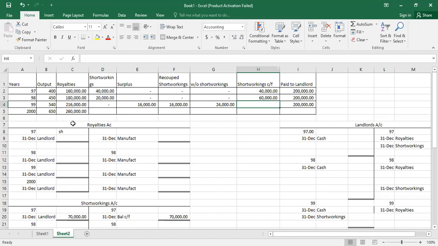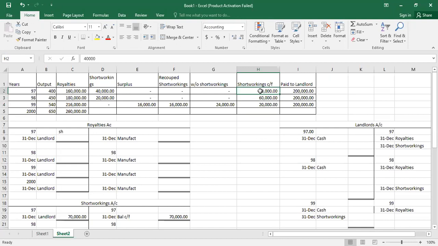We've written off 24. So our carried forward will be 20, isn't it? We've written 24 down. In the year 1997, our short workings carried forward was 40, isn't it?